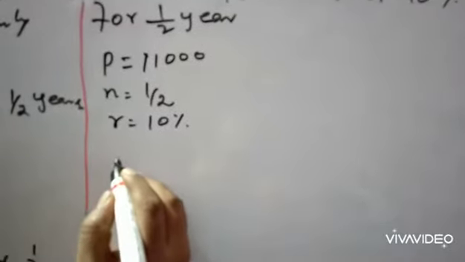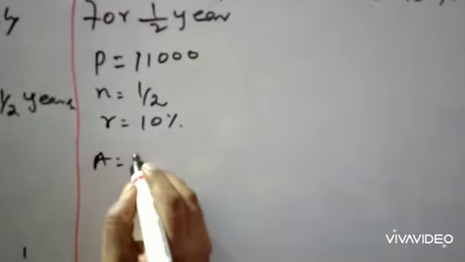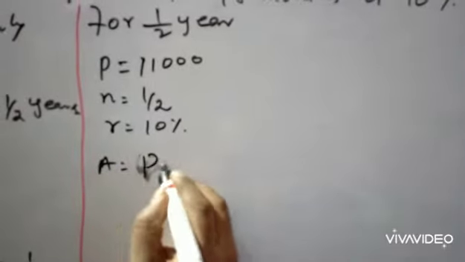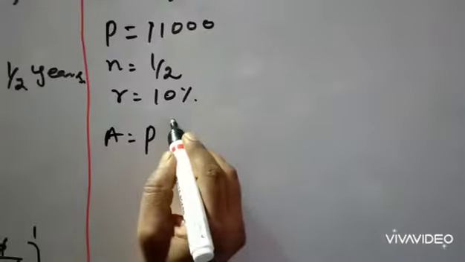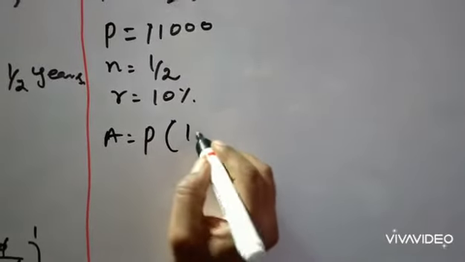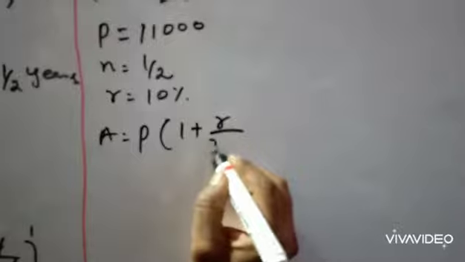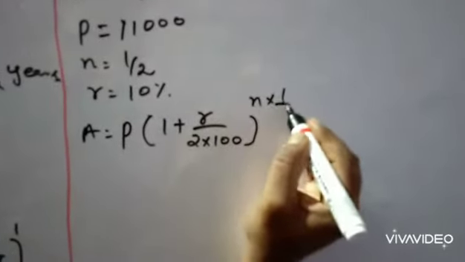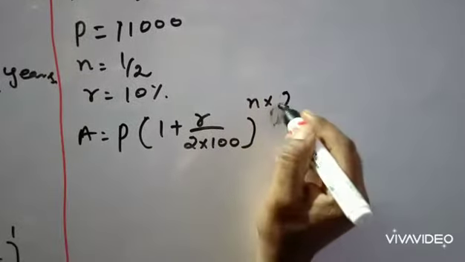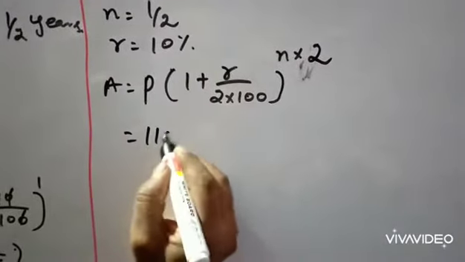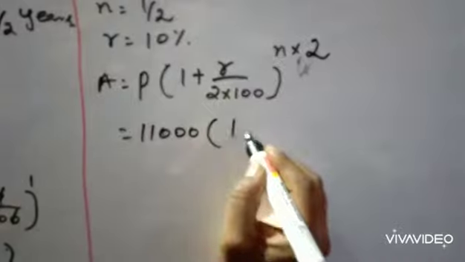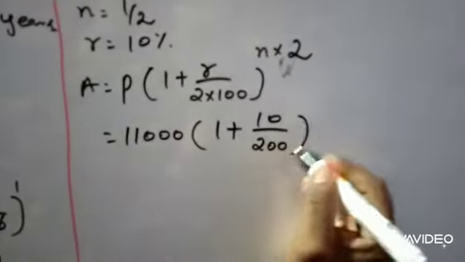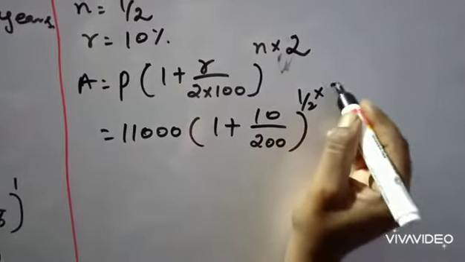So here the formula is amount equals P into (1 plus R by (2 into 100)) power n into 2. So equals 11,000 into (1 plus 10 by 200) power 1 by 2 into 2.